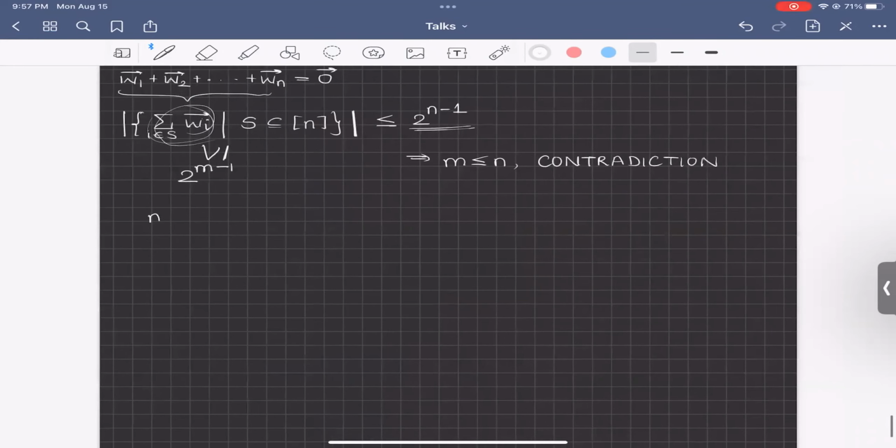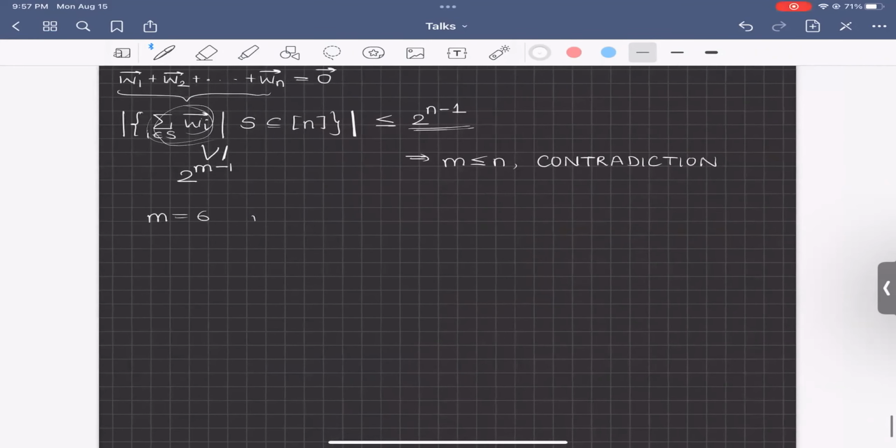So just as an example, if m is 6 and n is 5, then I'm saying that these 5 vertices, if you try to switch them, can only give me 16 different colorings. But these correspond to like 64 different colorings.